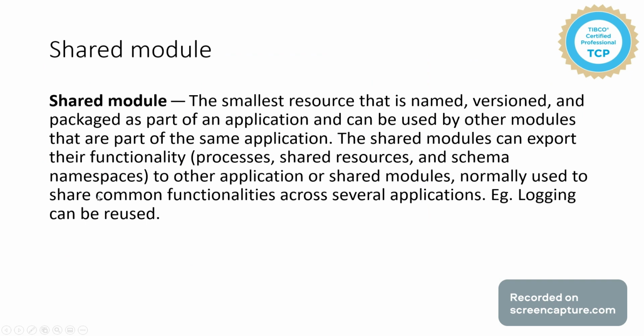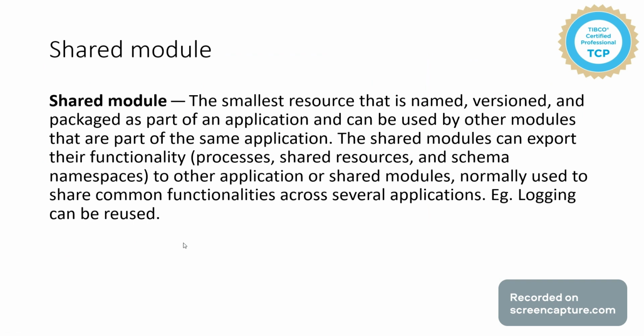Okay, what is a shared module? A shared module is the smallest resource that can be named, versioned, and packaged as part of an application, which is similar to an application module and can be used by other modules that are part of the same application. The shared modules can export their functionalities like processes, shared resources, or schema namespaces to other application or shared modules.